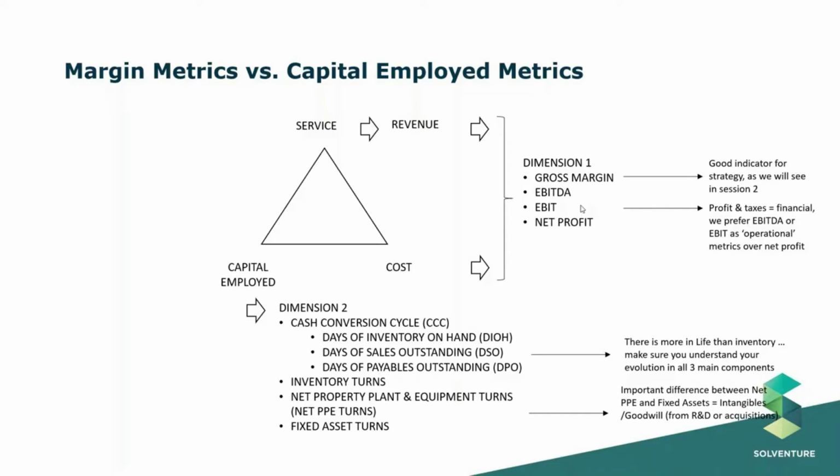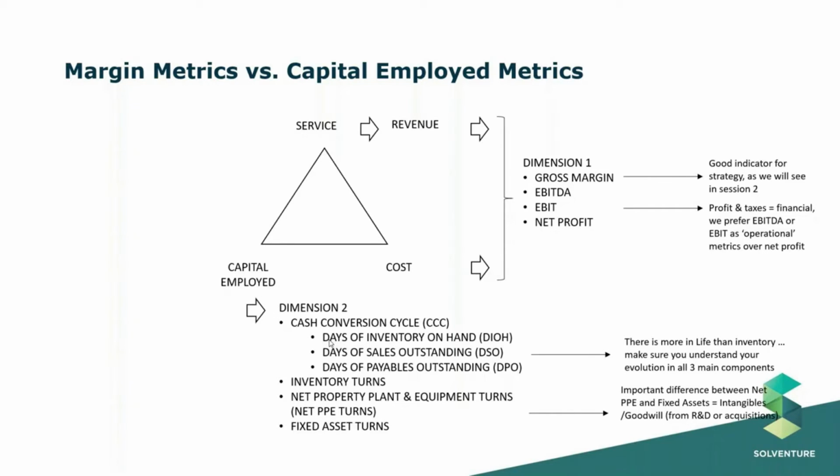And then on the capital employed side, so different metrics for working capital. Days of inventory on hand, days of sales outstanding, days of payables outstanding, inventory turns. So these are working capital metrics. And then next to the working capital, we also have the fixed assets.